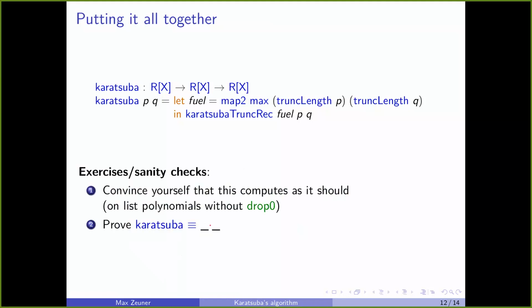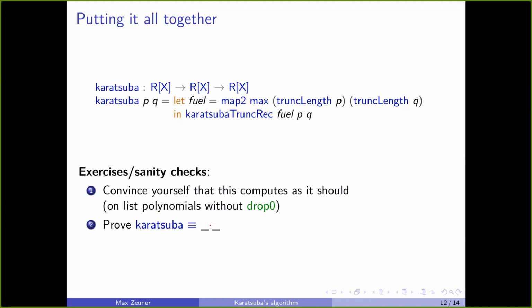And more exercises or sanity checks. If P and Q are actually just lists of coefficients and no drop 0 anywhere, then yeah, then it really should just be the original algorithm that I showed you in the very beginning. So yeah. If you're very familiar with how truncation works and stuff, then you might see it directly.